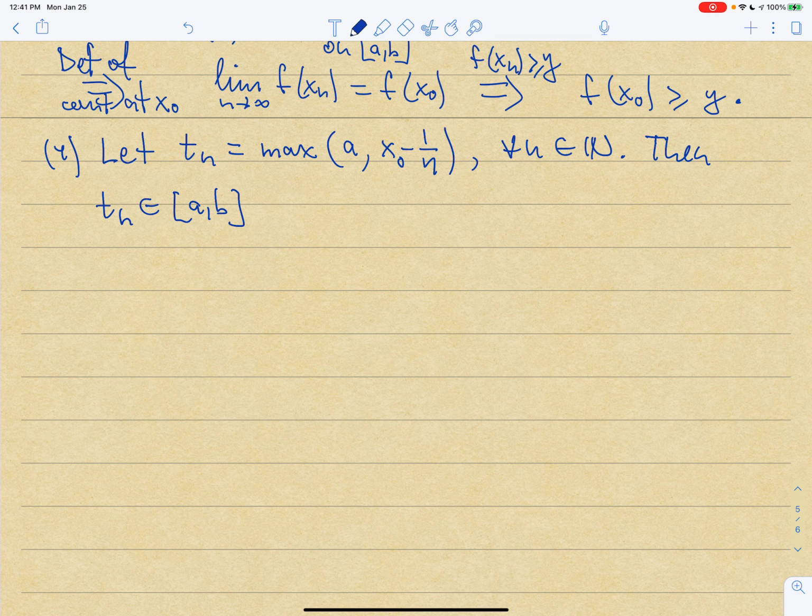Right, because we're looking at numbers here which are lower than x0 but not lower than a.